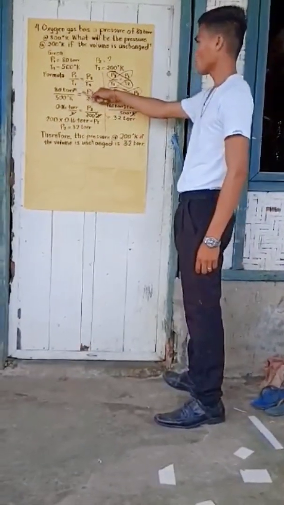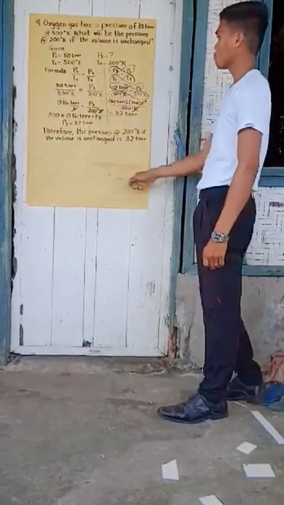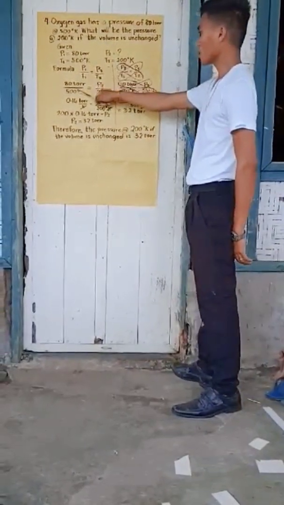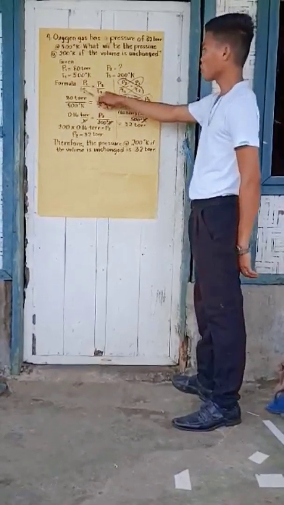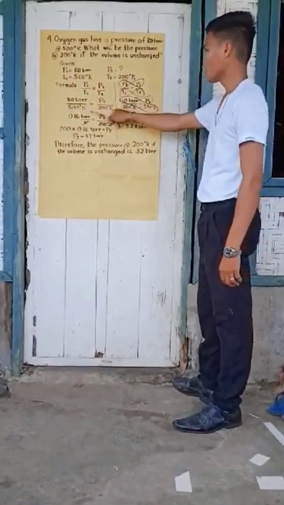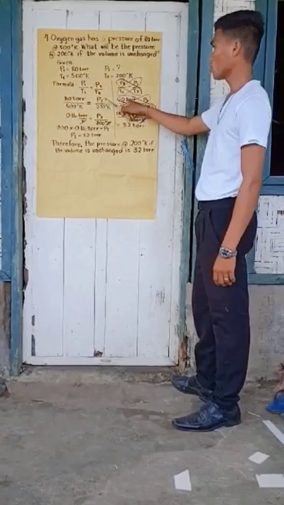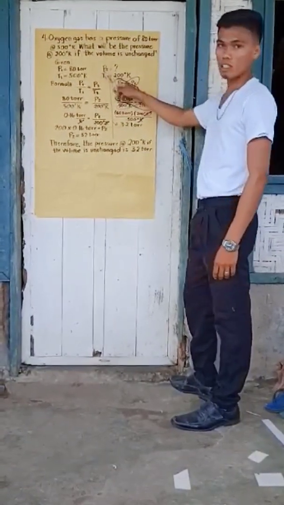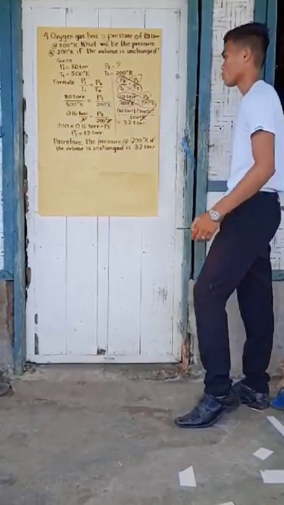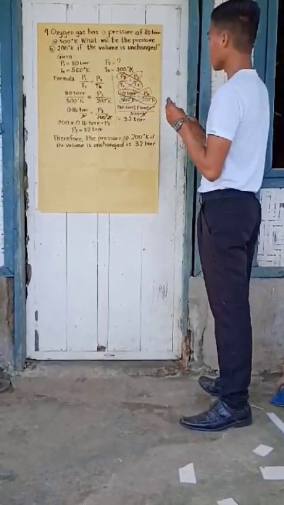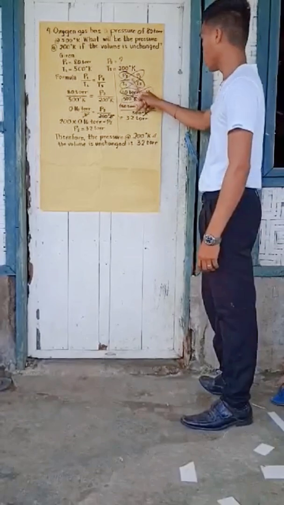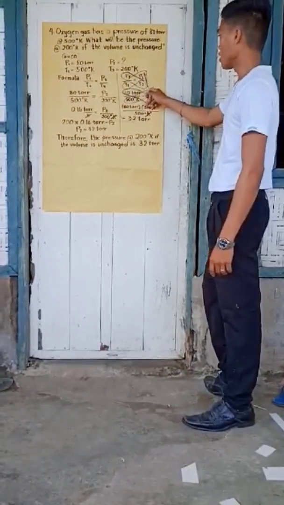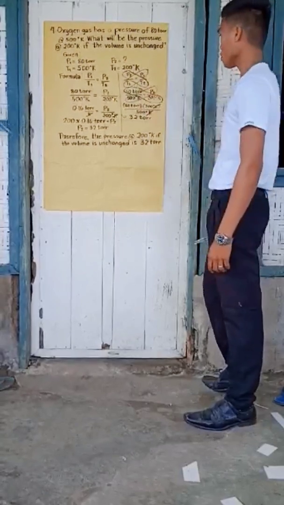So here is the formula. P1 over T1 is equal to P2 over T2. So P1 is equal to 80 torr divided by T1, which is 500 degrees Kelvin, is equal to P2, the unknown, over the 200 degrees Kelvin, which is T2. So the fastest way to find P2 is to simply use cross multiplication.